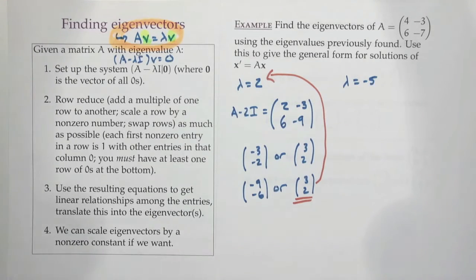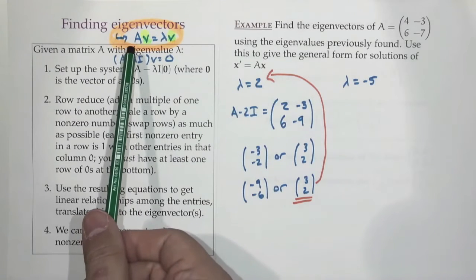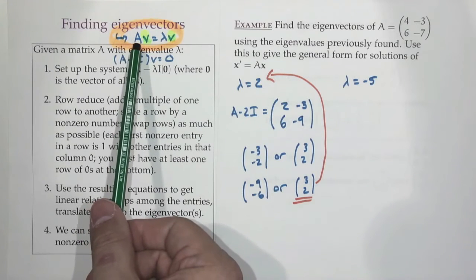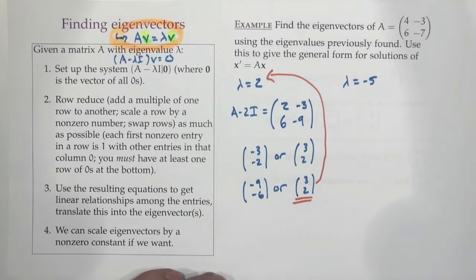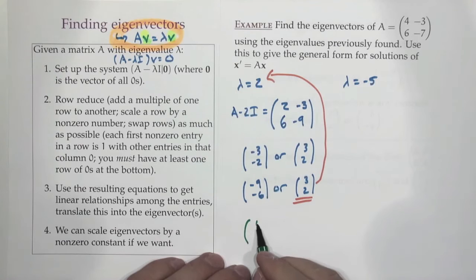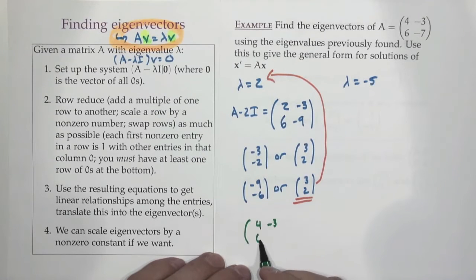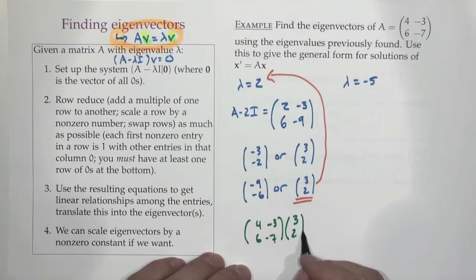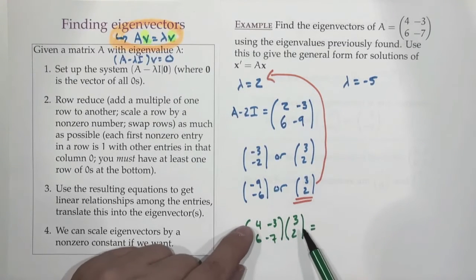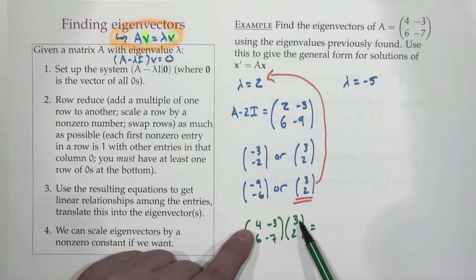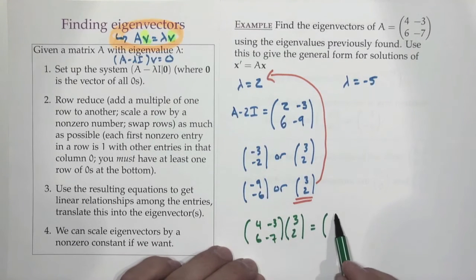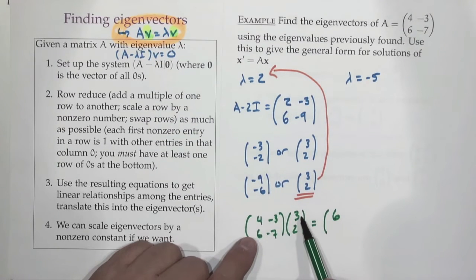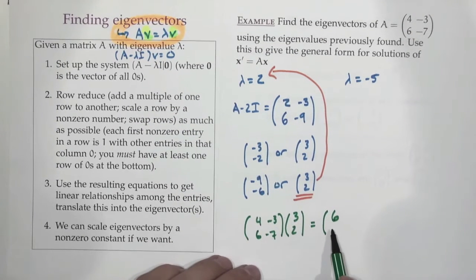All right, so the point here is you know something's an eigenvector if when you multiply it by the original matrix, you end up scaling it. So let's just see if that actually works. [4, 3; 6, -7] times [3, 2]. You'd have 12 subtract 6, also known as 6. 18 subtract 14.